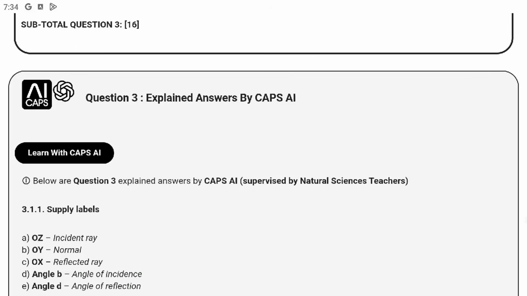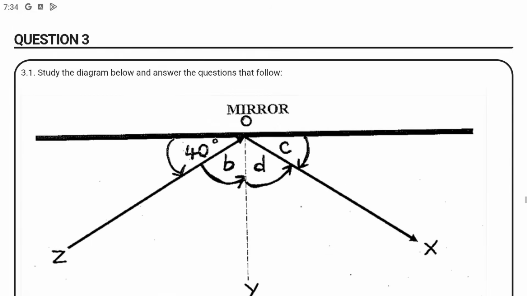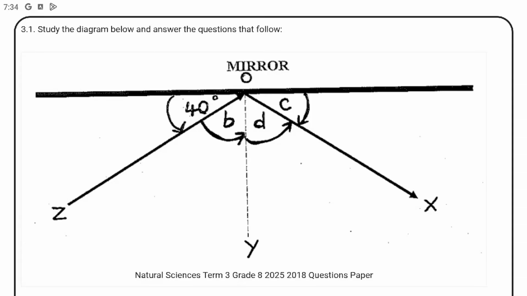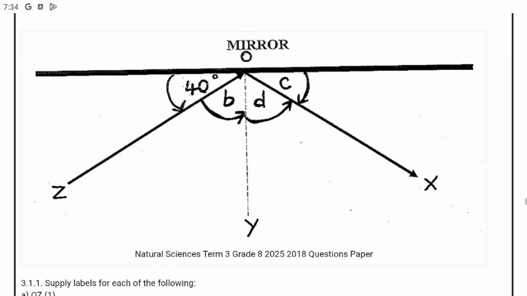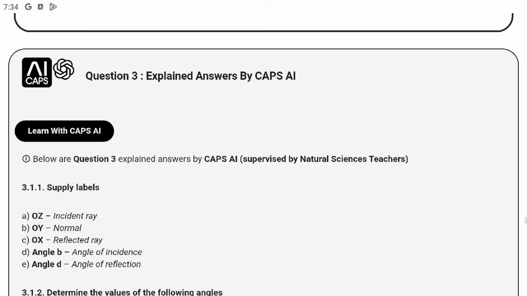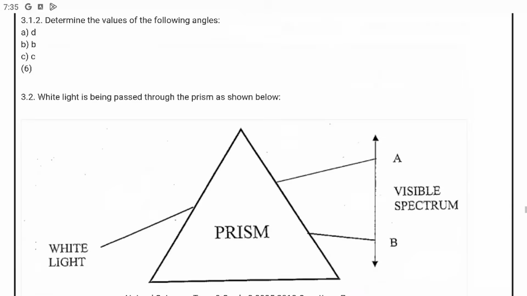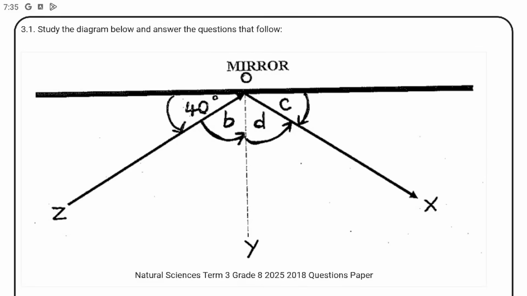OY is the normal, which is the straight line, as you can see, which is called normal. OX is the reflected ray.